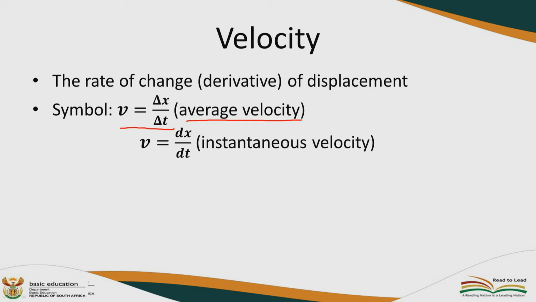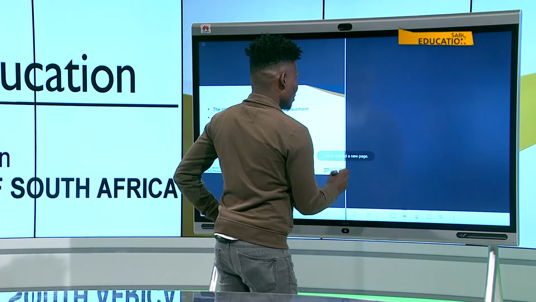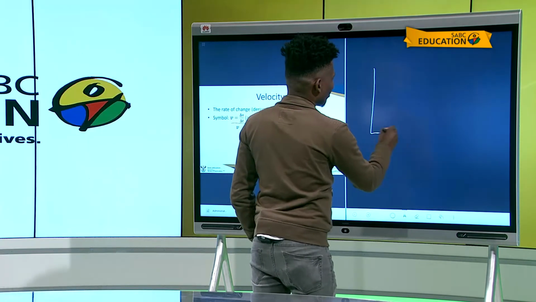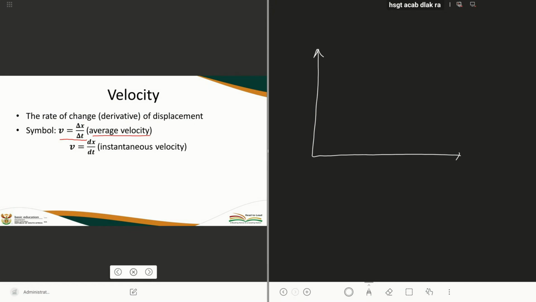Now, I want us to look at the instantaneous velocity. You guys will remember in grade 10, those who did sciences, that when we were dealing with graphs of motion and we are looking at constant acceleration and you plotted a displacement versus time graph, you had a graph like that. And we said that the gradient of this curve will give you the velocity of the object.